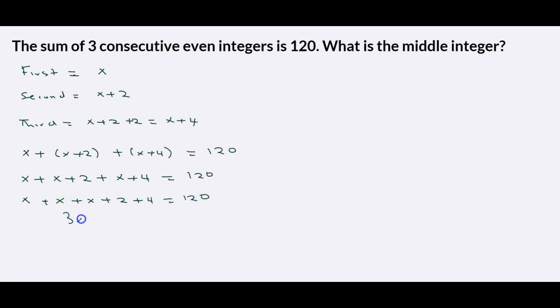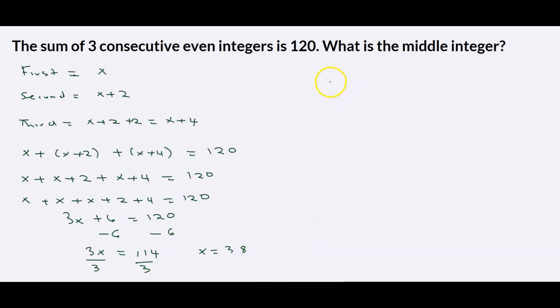So we have 3x plus 6 equal to 120. And so we subtract 6 from both sides, and we have 3x equal to 114. Divide both sides by 3, and then we have x equal to 38.